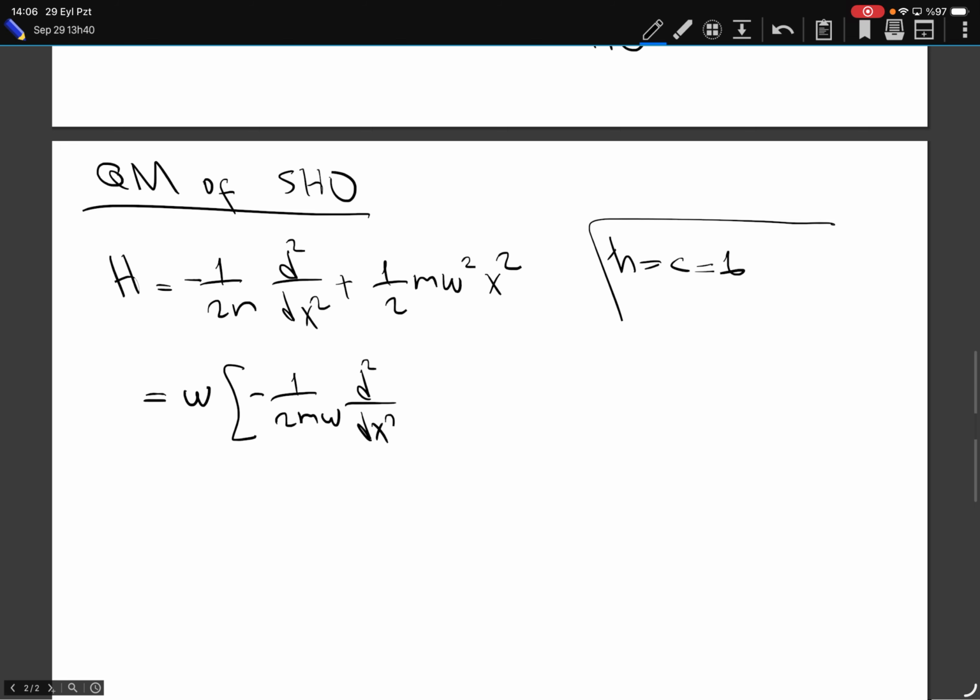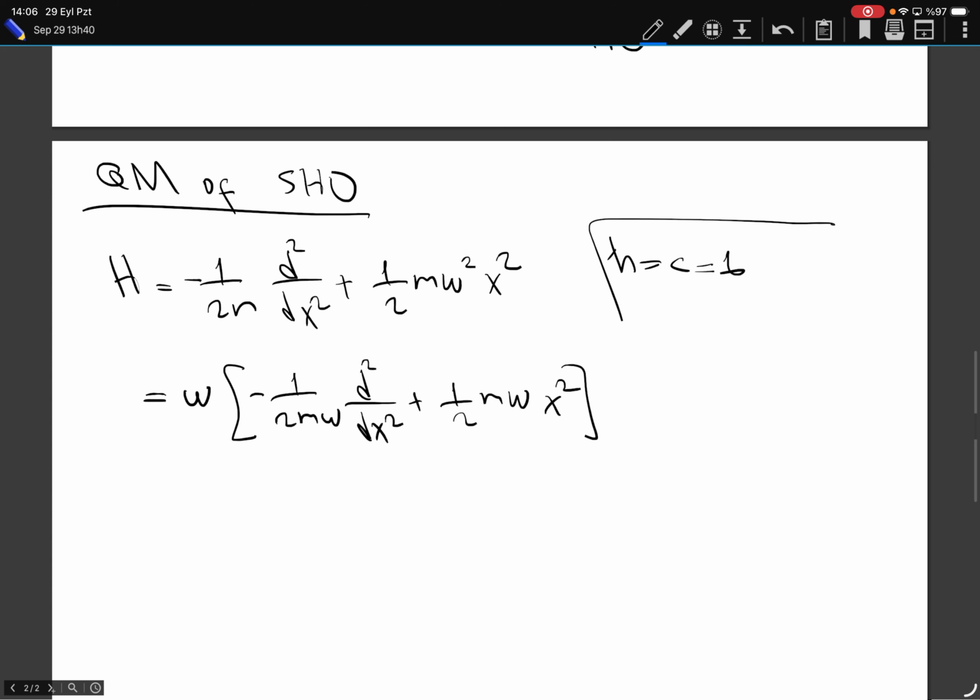Why do I factor out an omega? Well, the main reason is because I know the answer. The secondary reason is, if you look at this problem, the mass has the units of energy. Omega has the units of energy.